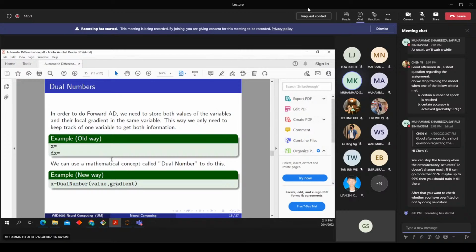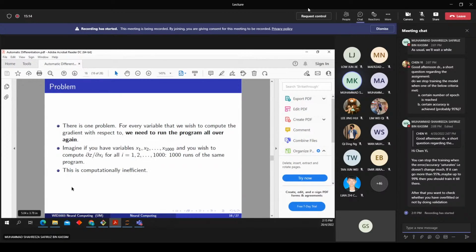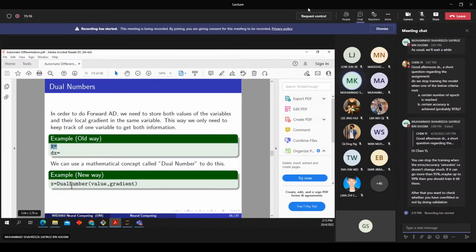We have seen that if we seed one of the variables with 1 and the others with 0, then we can get the partial derivative of z with respect to x. And if we do it the other way, with x equals 0, dx equals 0 and dy equals 1, then we can get the partial derivative of c with respect to y.